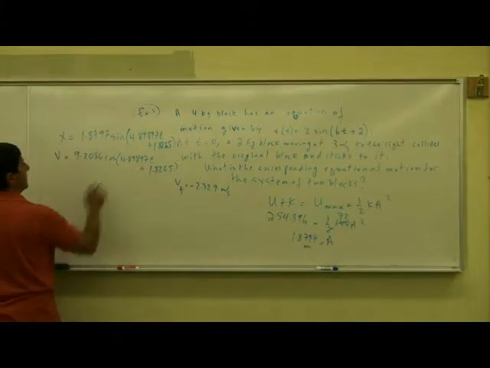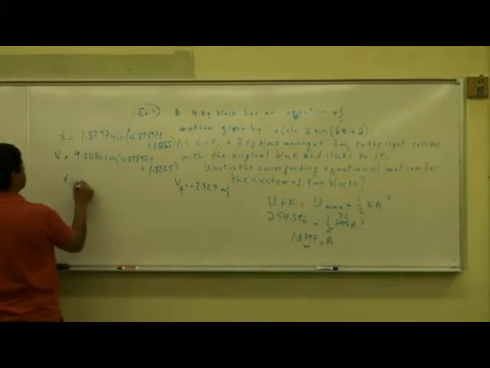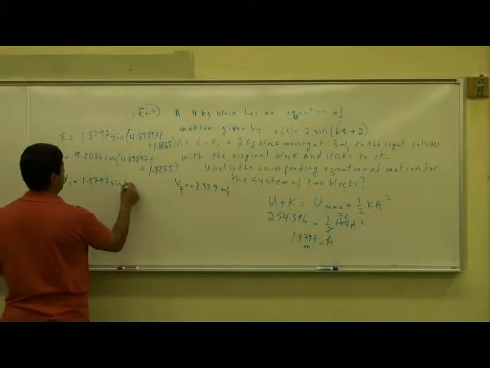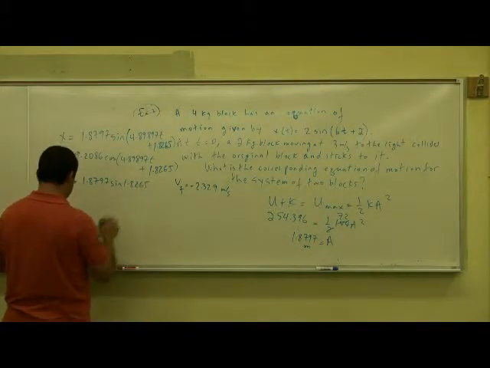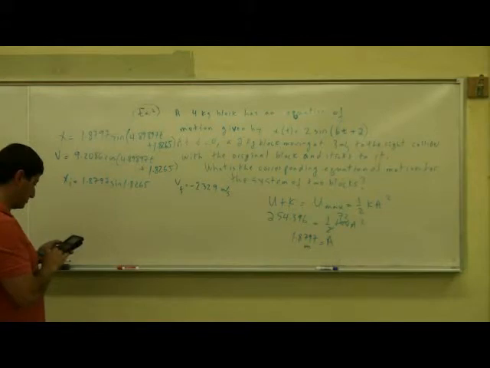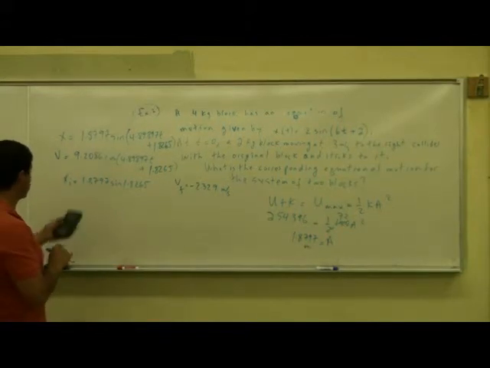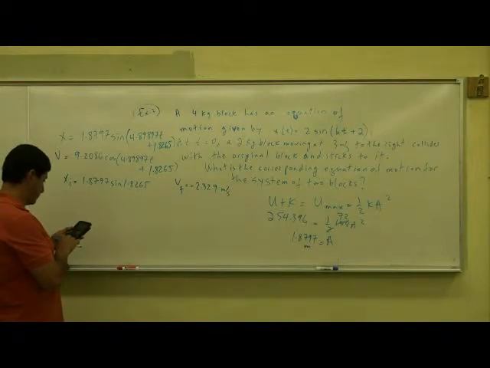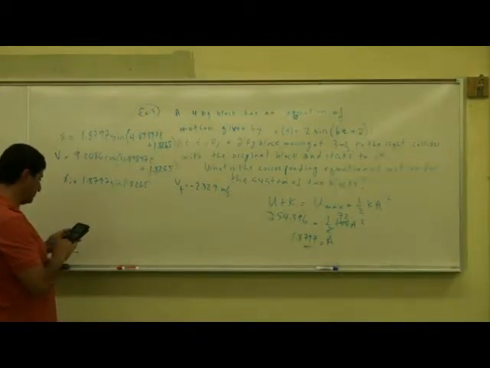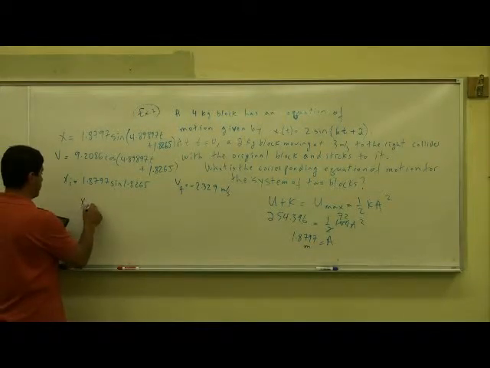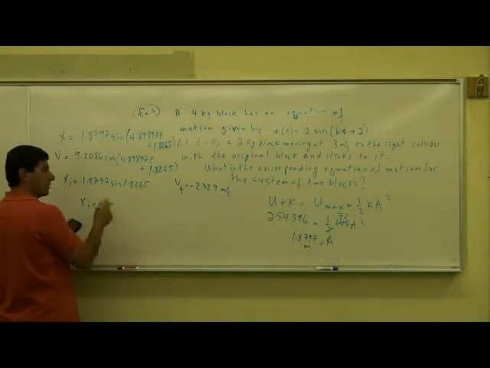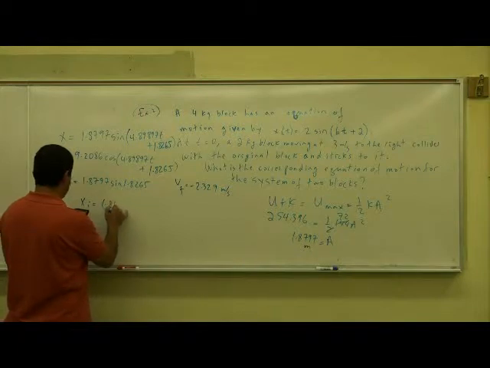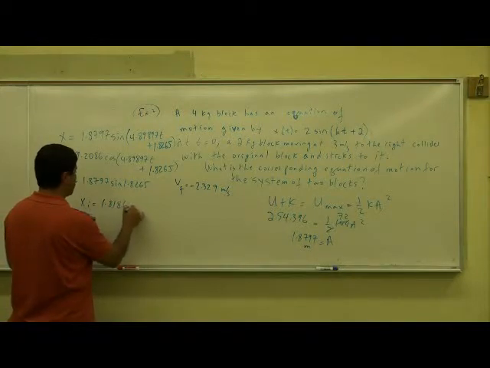Okay, and now if I check the initial x after the collision, 1.8797 times sine of 1.8265. What's my initial x right after the collision, which is what I called x final, right? 1.8186 meters.